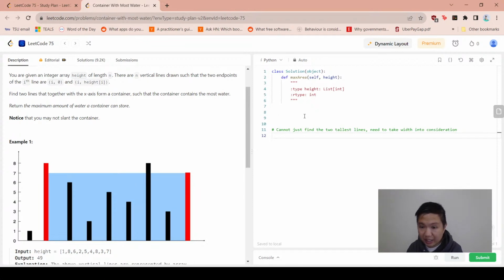Okay, we're going to start with a naive method, which is find every pair of lines and then calculate how much water there is between them. Naive approach: check every pair of lines. We're going to do that first.